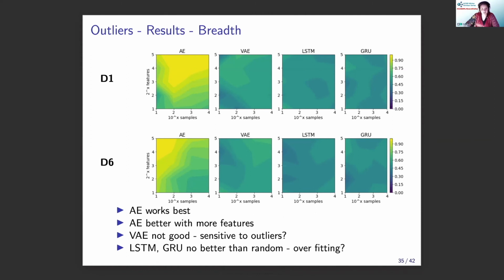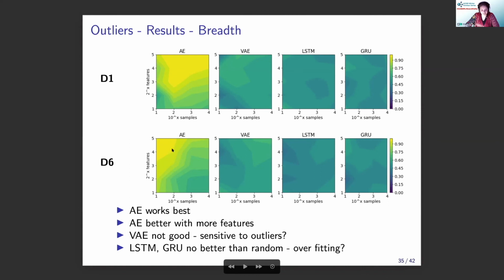Autoencoders, however, do really nicely. As one would expect, they're fine with larger number of samples. Perhaps surprisingly, perhaps not, they do better with large numbers of features as well. But to an autoencoder, that's probably just more data.